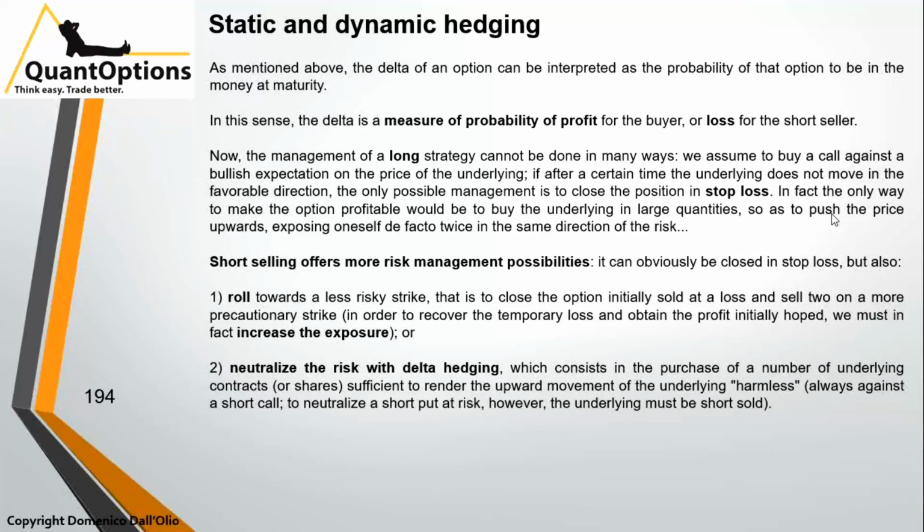Or 2, we can neutralize the risk with delta hedging, which consists in the purchase of a number of underlying contracts or shares sufficient to render the upward movements of the underlying harmless, always against a short call. In order to neutralize the short put at risk, however, the underlying must be short sold.